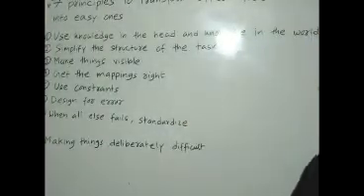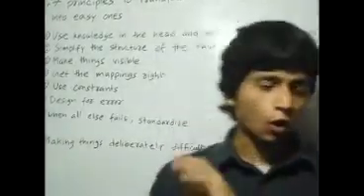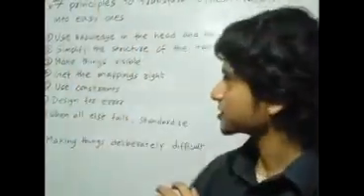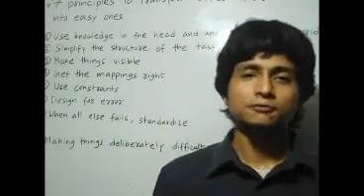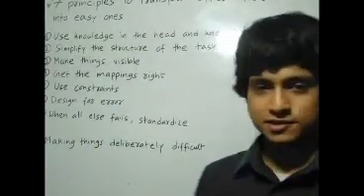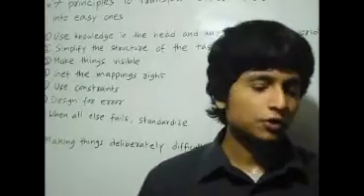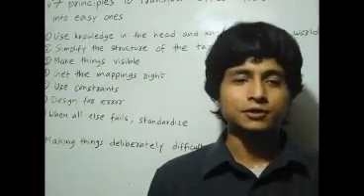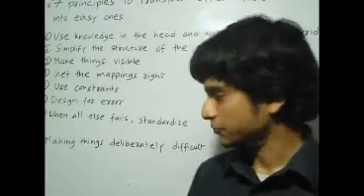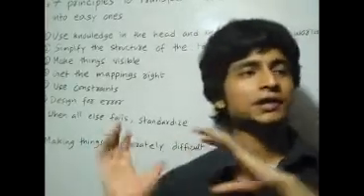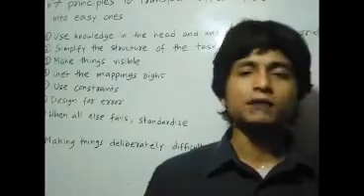And the final point is that when all 6 of these fail, then the only option you are left with is standardization. No matter how difficult it is to operate your device or your invention, if you create an international standard, then everyone will have to learn it.